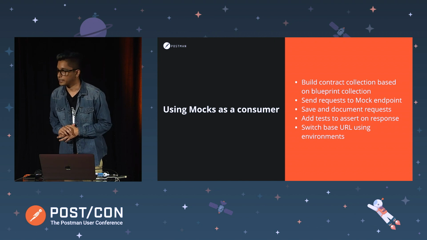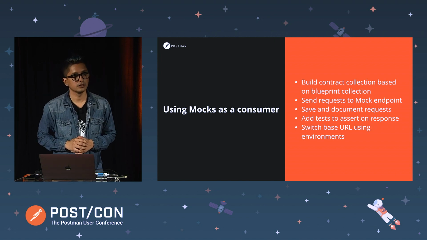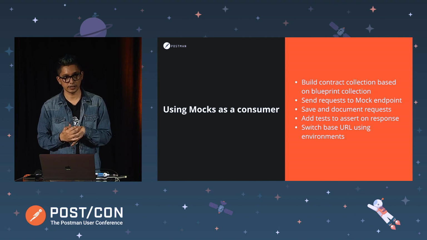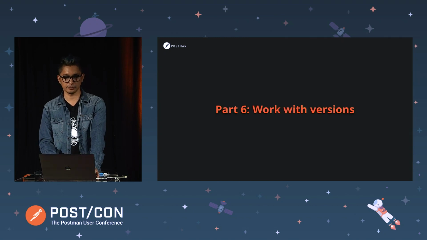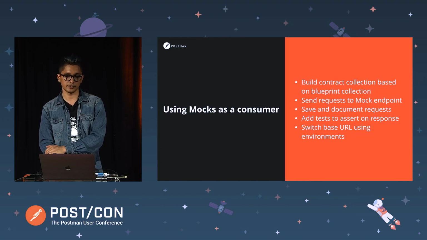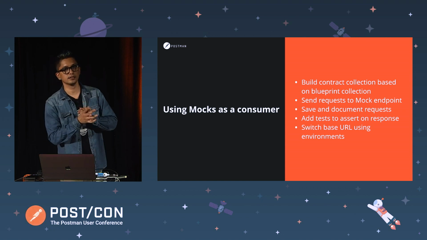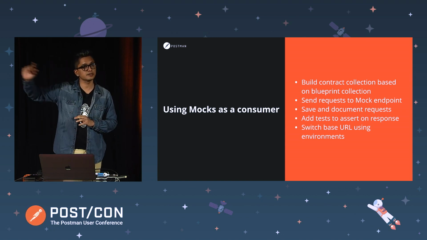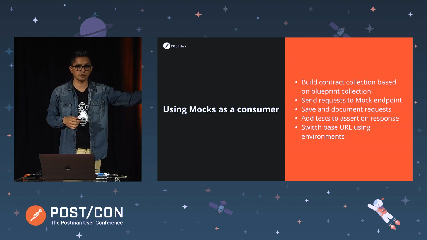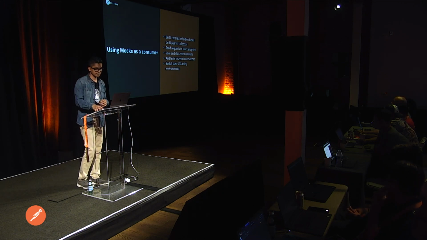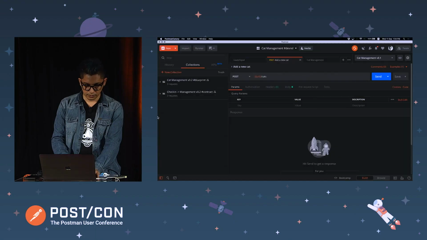So as part of the mocks that the consumer is receiving from the publisher or the producer here, they can use that to create their own changes to work with the responses and switching base URL. That is, they can even test against different versions of the mocks, because you can tag mocks as versions as well, or you can create a new mock for a different version of the collection, and you can keep on testing those.